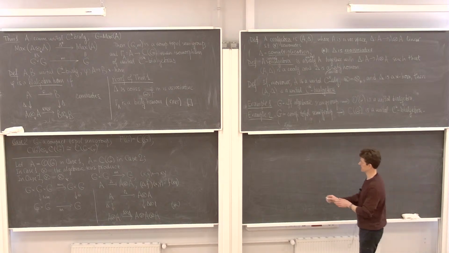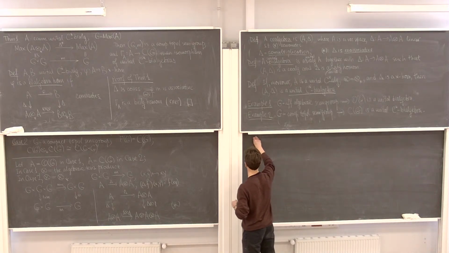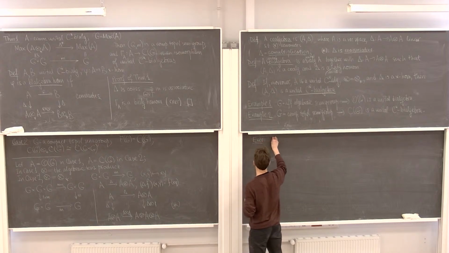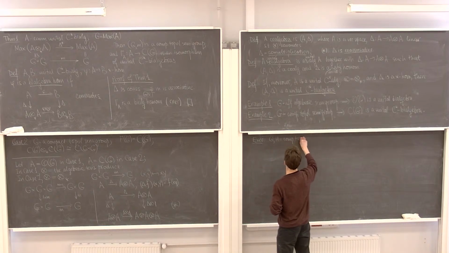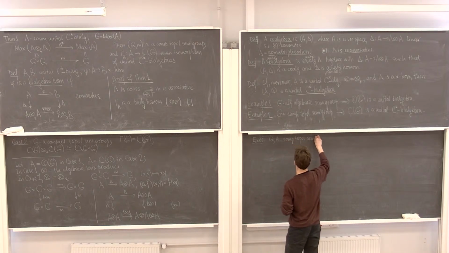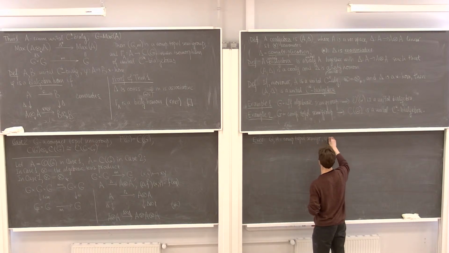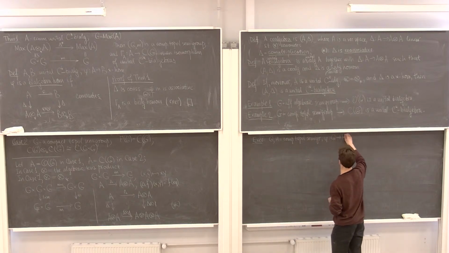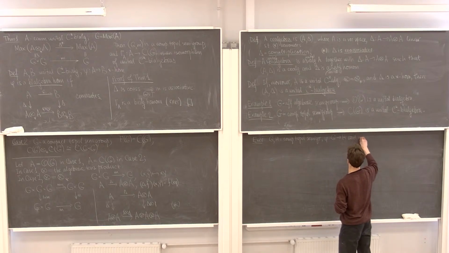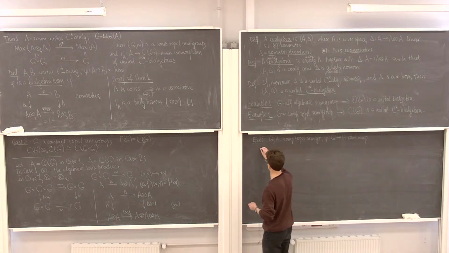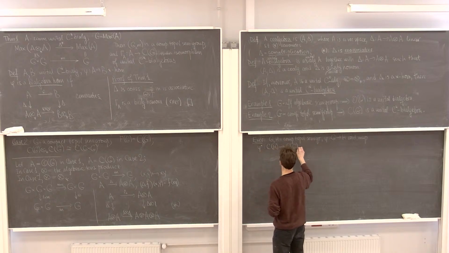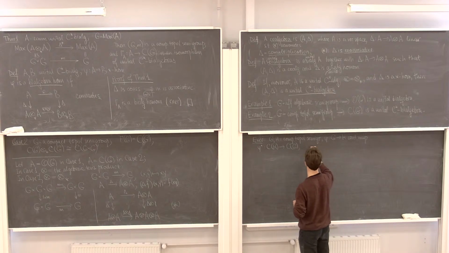Namely, if we have two compact topological semigroups, G and H, and phi is a continuous map from G to H, then of course phi induces an algebra homomorphism, phi dot, from C of H to C of G, which acts as the composition with phi.